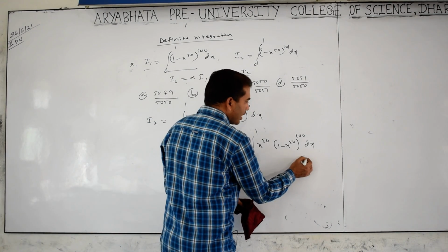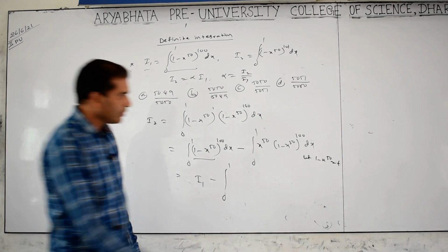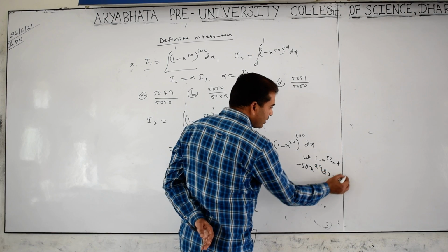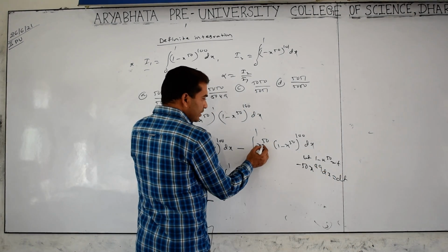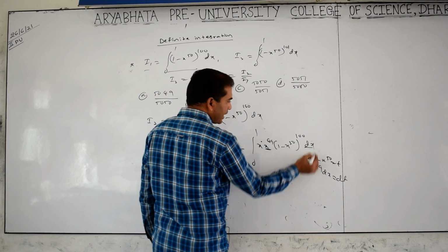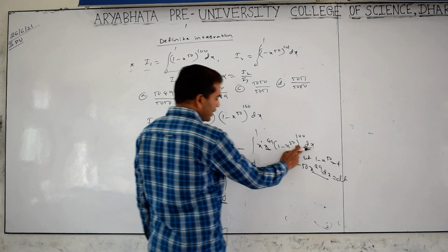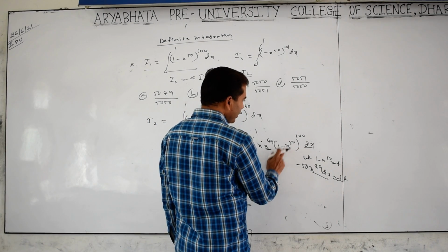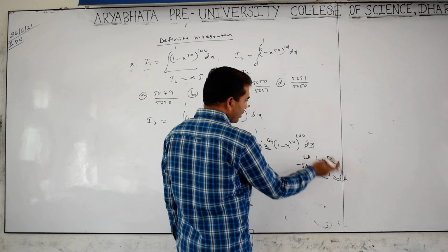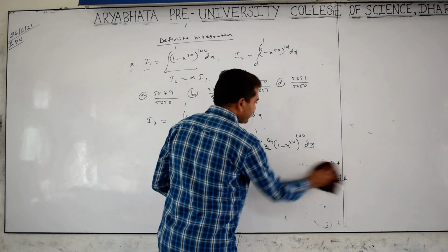Let 1 minus x power 50 equal t. Then minus 50 x power 49 dx equals dt. We can write this as x into x power 49: x power 49 dx equals dt, and 1 minus x power 50 equals t, so t power 100. And x is there; converting x into that formula is very difficult, so I am going to solve it directly here.